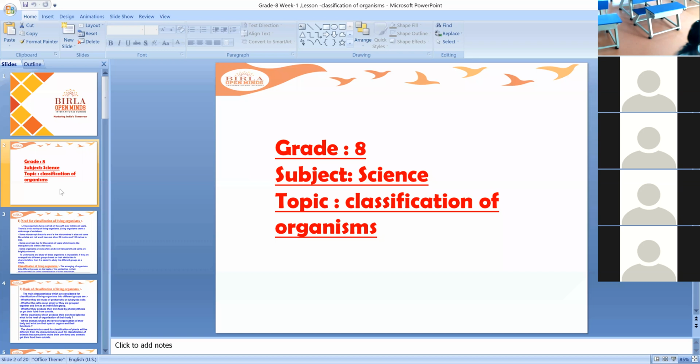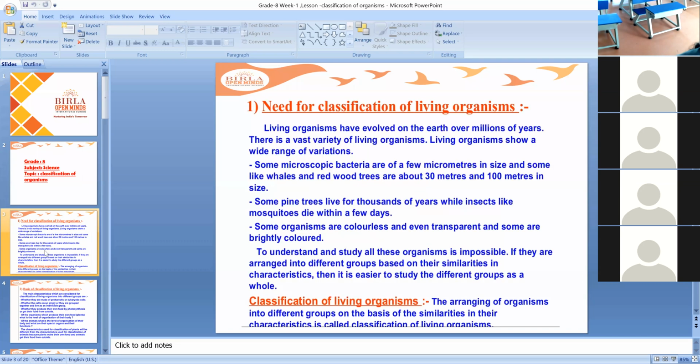Okay, so classification of organisms. What is the need for classification of organisms? Can anyone tell me? So that whenever we go to different countries, which have different names for the animals, if we go to a different country, we don't know what to call that animal.